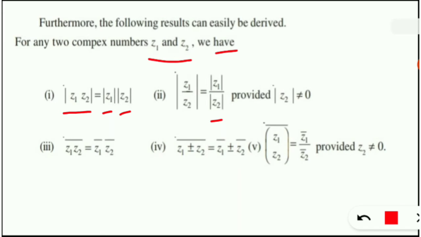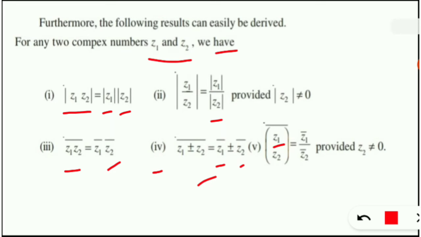Next, conjugate of z1 z2 equals z1 bar into z2 bar. Next, conjugate of z1 plus z2 equals z1 bar plus z2 bar. Similarly, conjugate of z1 minus z2 equals z1 bar minus z2 bar. That's why here z1 plus minus z2 is written. So conjugate of z1 plus minus z2 equals z1 bar plus minus z2 bar. Clear?